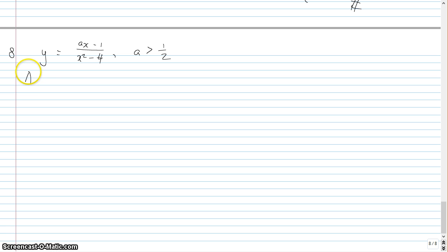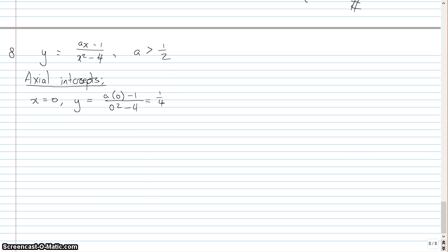What about the axial intercepts? Should be the axial intercepts. So when x equals 0, y is equal to (a times 0 minus 1) over (0 squared minus 4), y is equal to a quarter.